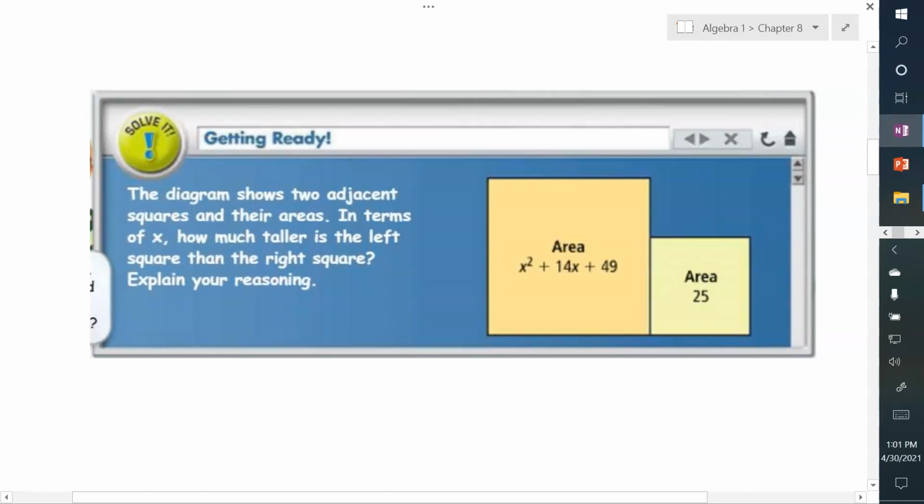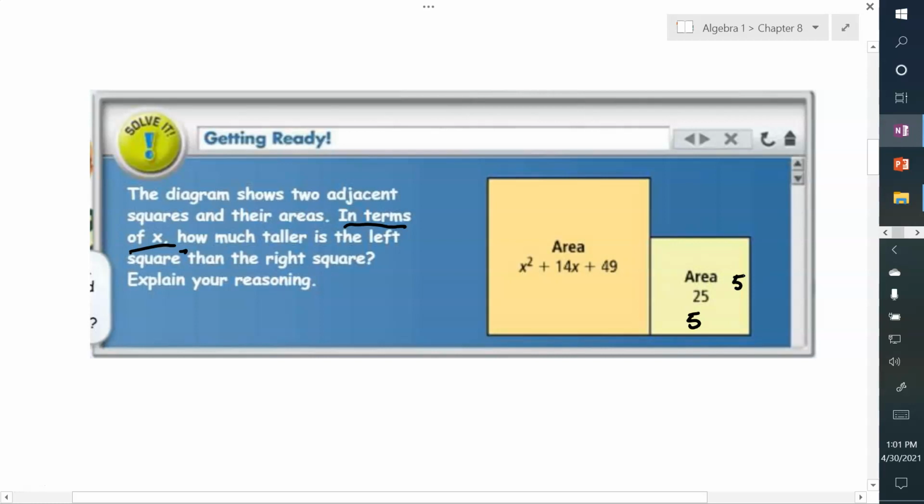So we've got two adjacent squares here, and we have their areas. And then in terms of x, how much taller is the left square than the right square? What we need to remember is that the area of a square is the same thing as its side squared. So for my area of 25, each side is going to be 5.